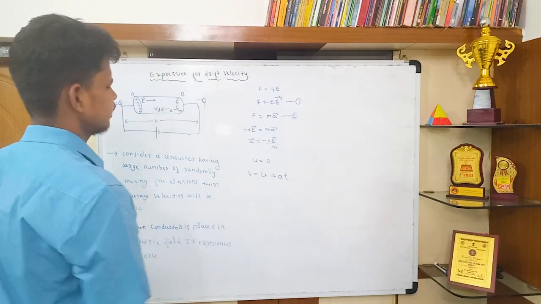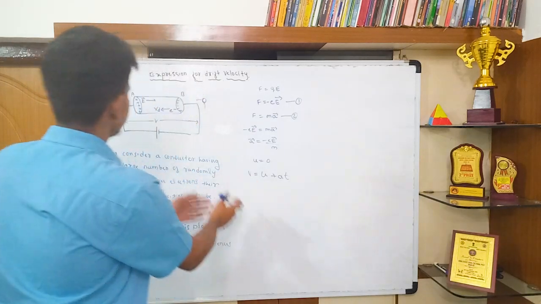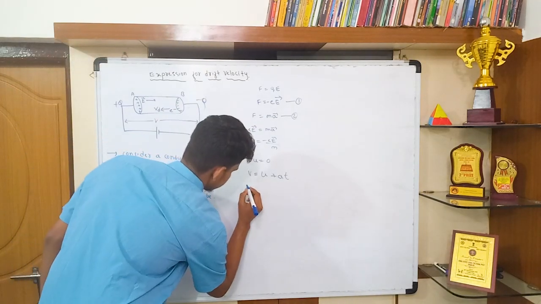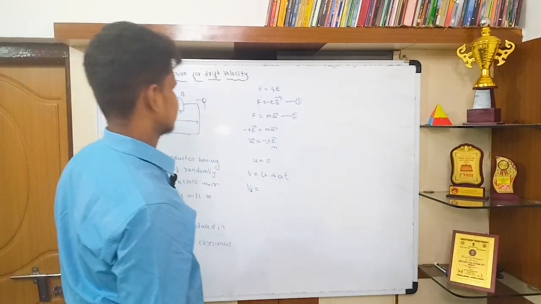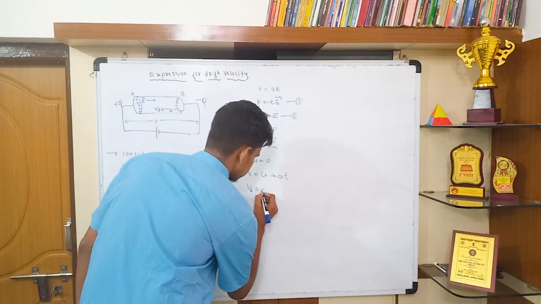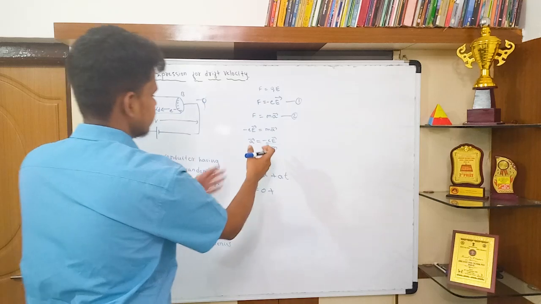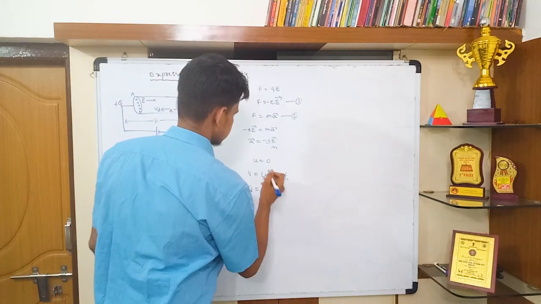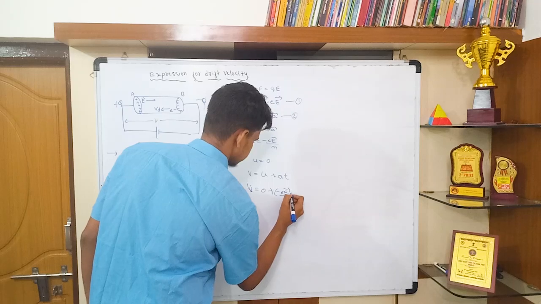Here v means the drift velocity, which we are calculating, so substitute v_d. Then u is 0, plus a, which we have already got, so substitute it: minus eE divided by m.